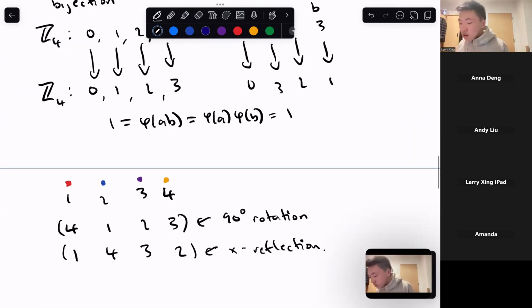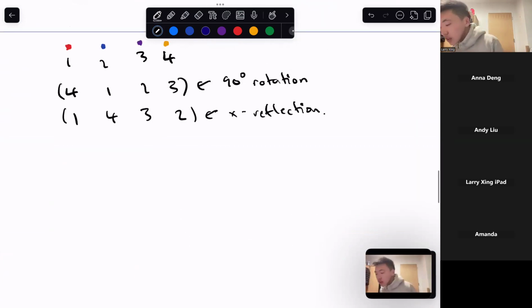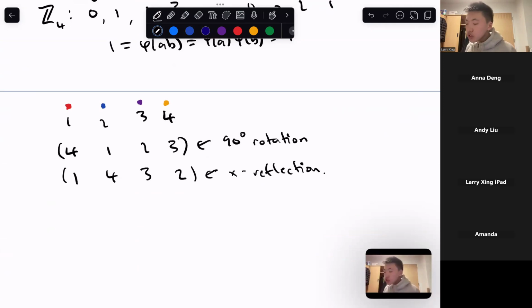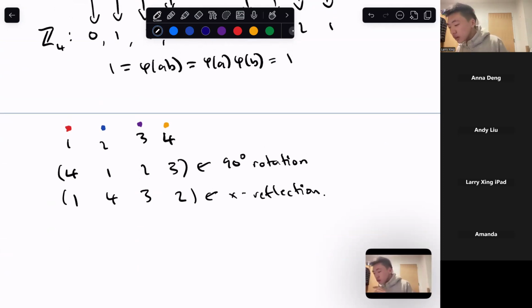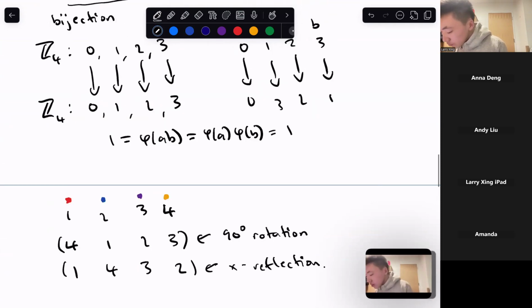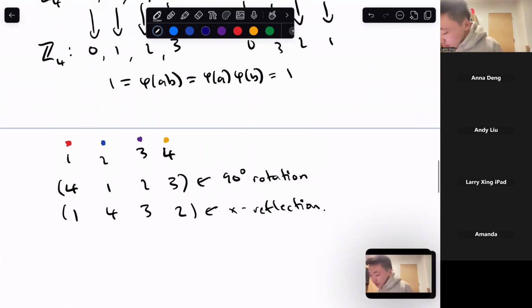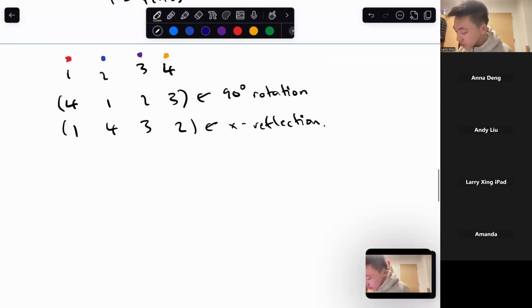But for now, you can just think of an isomorphism as telling you these two groups are functionally doing the same thing. For example, if I'm doing something on this permutation, it's functionally the same as if I'm rotating or reflecting this square, which is, I guess, mathematically how we're going to classify these different groups.